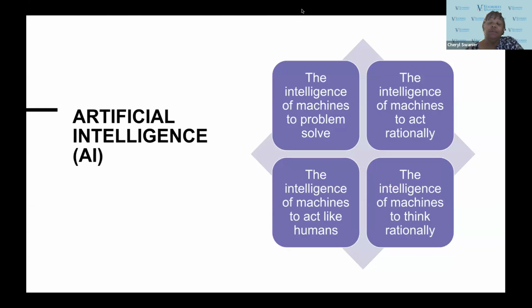And so, not only does AI solve problems, but we also want our robots, these machines, to act in a very rational way. We want them to act like humans, although we know that they're not humans. And we also not only want these robots to act like humans, but we also want these machines to think in a very rational way.